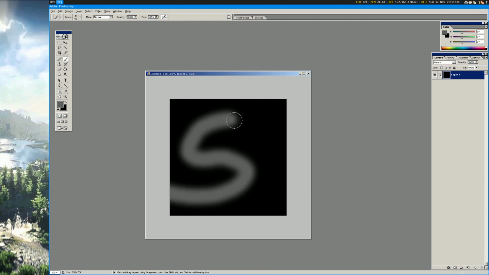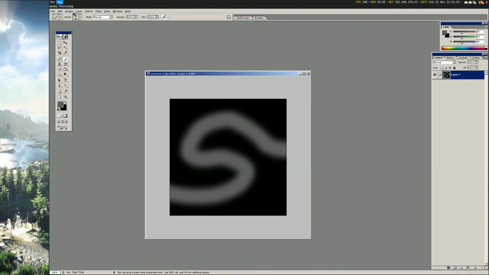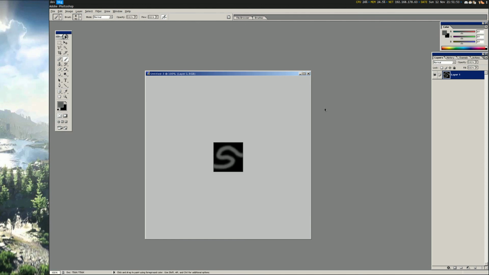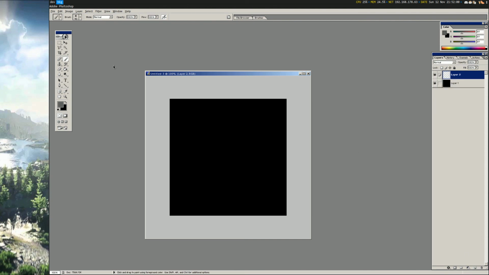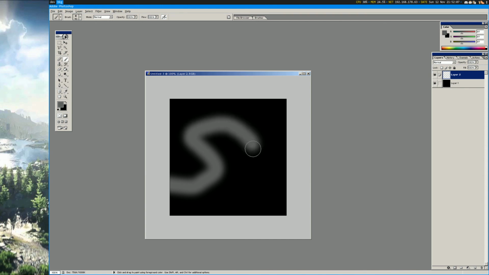S for shit. Okay. Scale that to 27. Why is it always doing this thing at the corner there? Damn you, Photoshop. Whatever.